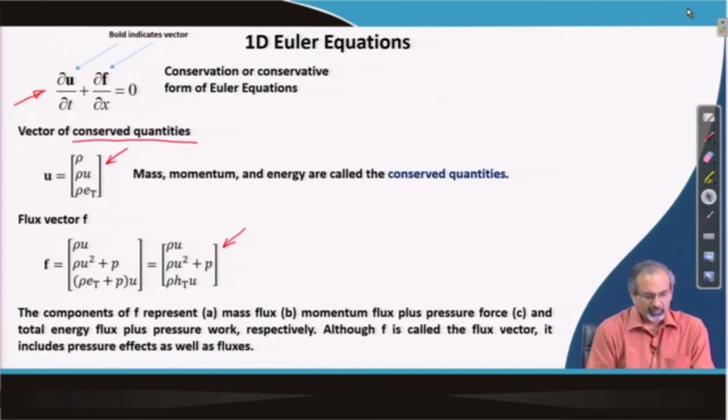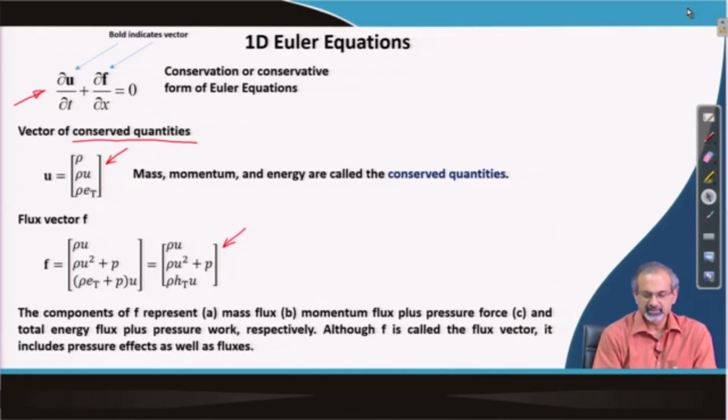So, coming back to the flux vector f, we are talking about the different components in terms of mass flux, momentum flux, in addition to the pressure force which is involved through the pressure gradient term in the momentum equation, and the third component is the total energy flux plus pressure work.